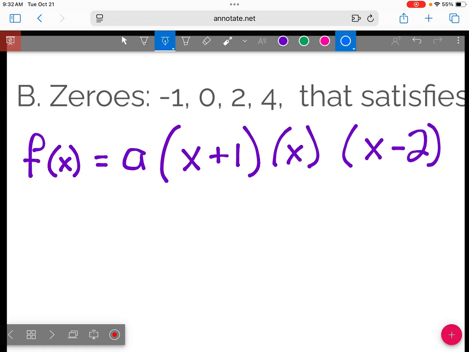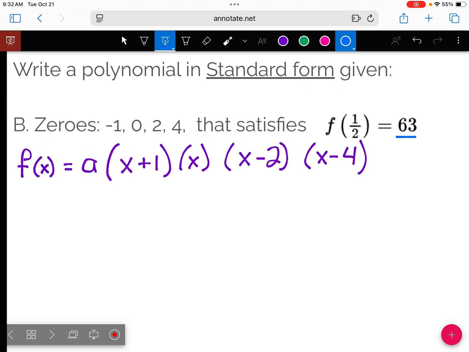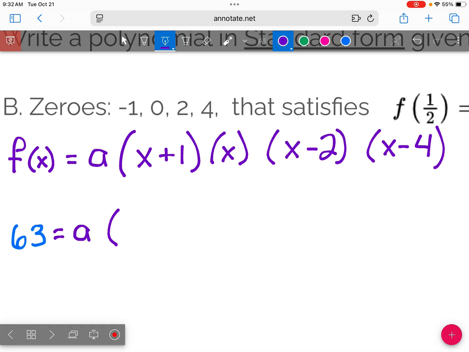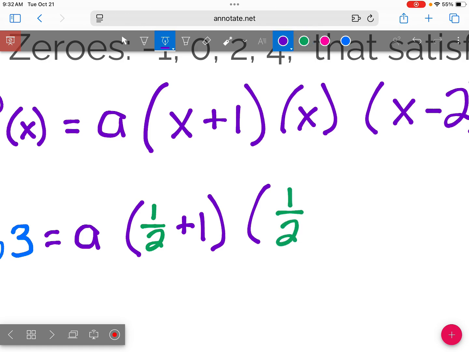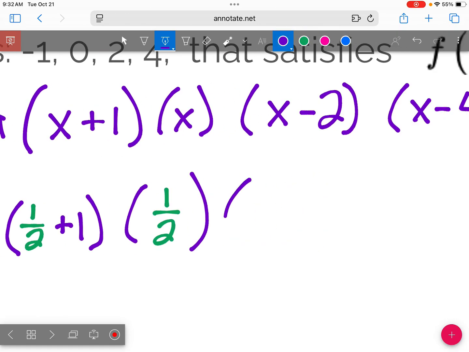So we know that our f of x is going to equal 63 when x is 1/2. So this side's going to be 63. I don't know my a, but I do know that my x is going to be that 1/2 plus 1. And then we're going to have our 1/2, and our 1/2 minus 2.